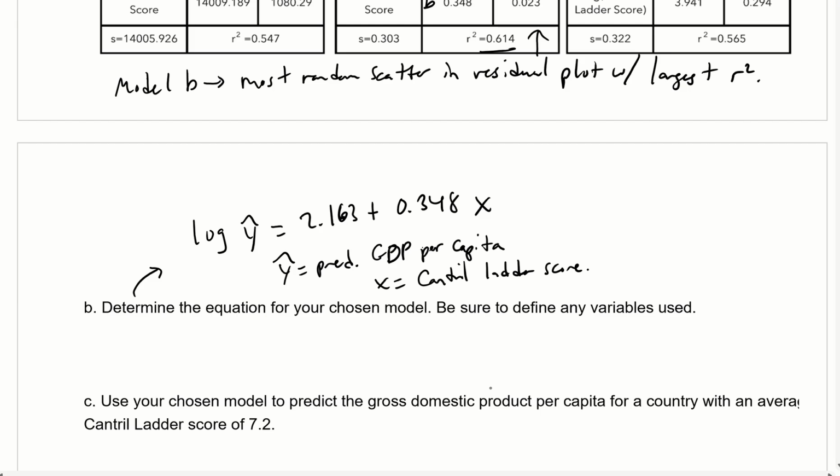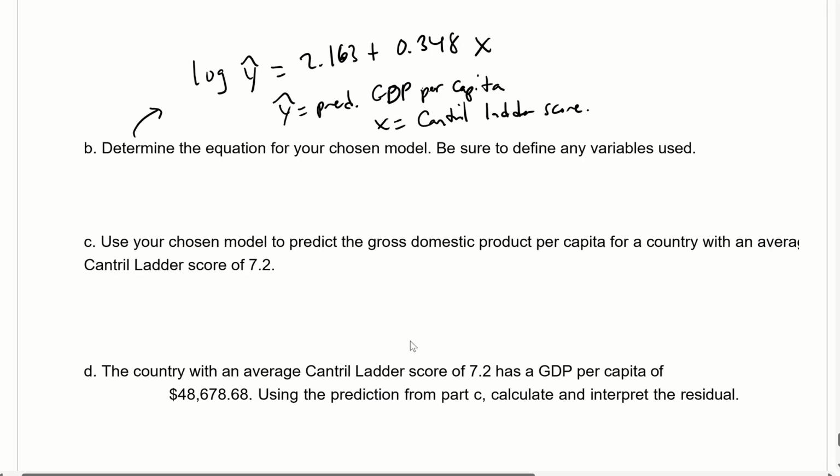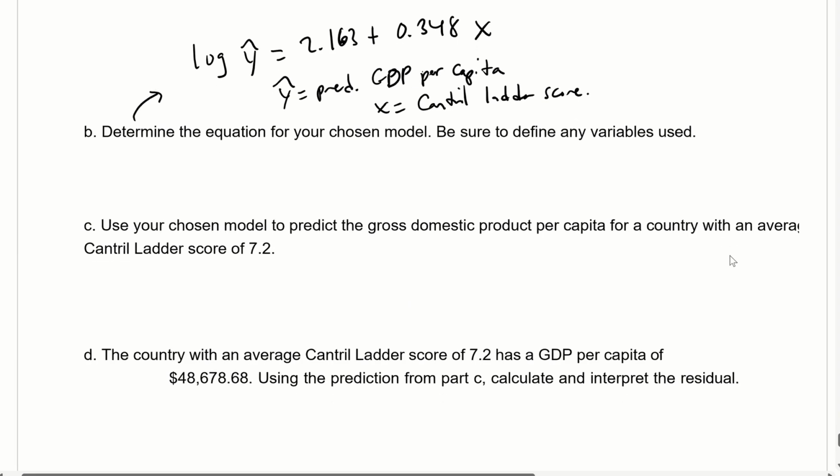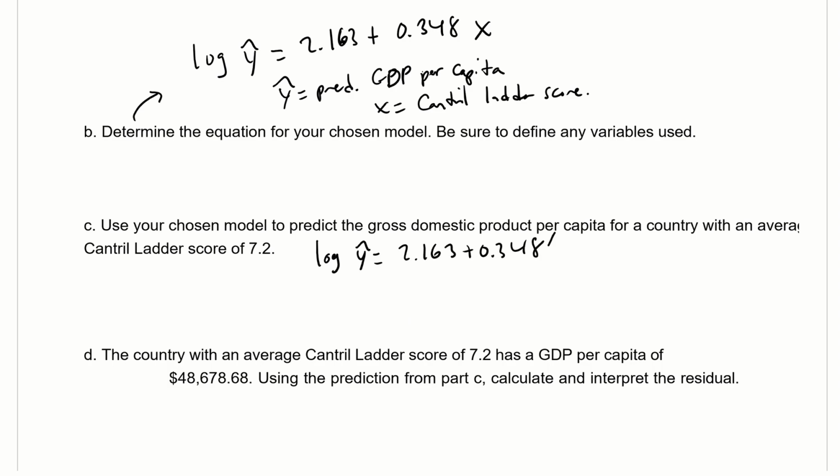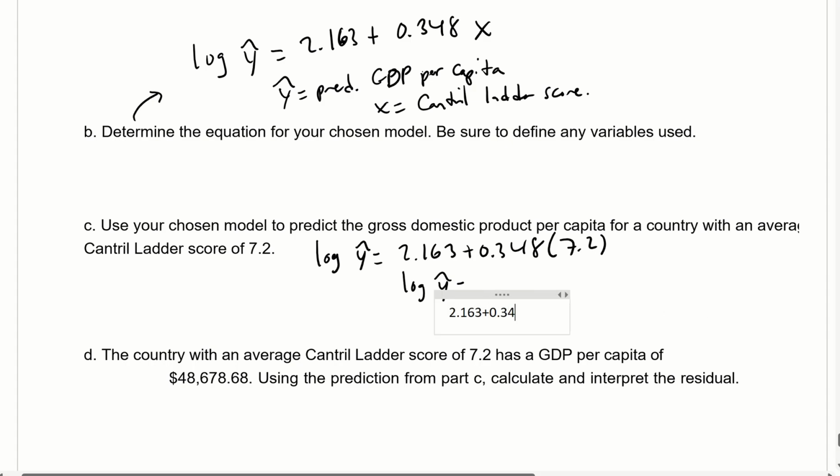Okay, so that's B, and then use your chosen model to predict for a country with an average Cantril ladder score of 7.2. So log of y hat equals 2.163 plus 0.348. Now we're going to plug in 7.2 into that. Log of y hat equals 2.163 plus 0.348 times 7.2, so 4.6686.